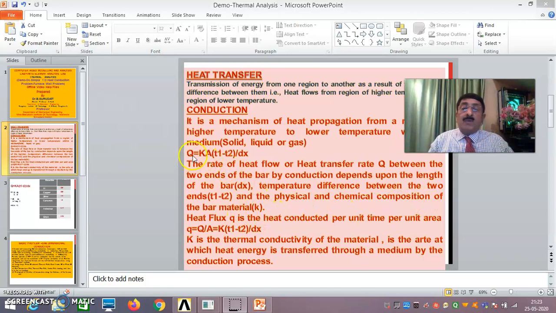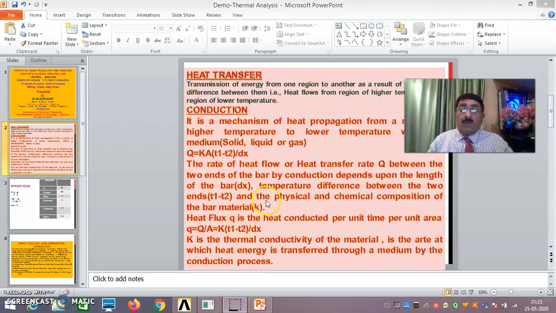More the K, more will be the heat flow or heat transfer rate, and it depends on the area, and it depends on the temperature difference T1 and T2, and it inversely depends on dx. If the dx value is more, Q will be less. In that way, it is inversely proportional to dx and directly proportional to K and directly proportional to temperature difference. This you should know.